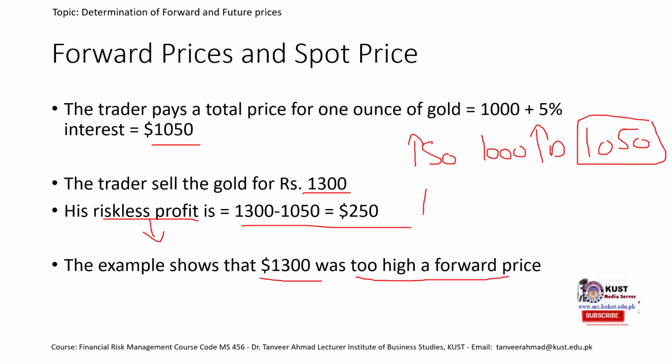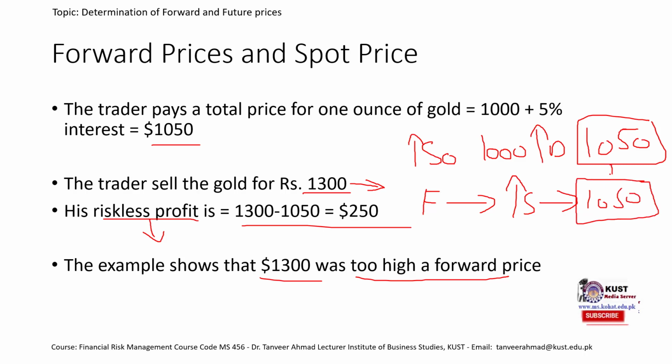What would happen in the forward market? Because everyone would be entering into the short position of the forward contract, that would create an increase in supply in the forward market, and due to this, although currently the forward price is 1,300, it would decrease, let's say, to 1,050.